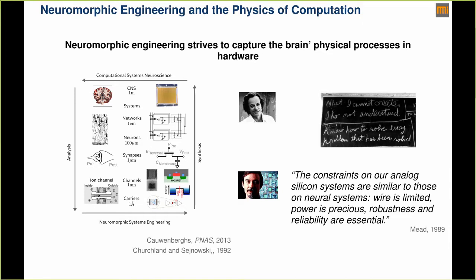So in some ways, we're trying to capture these concepts of neuroscience in our system to build systems that are lower power and that can function efficiently in terms of data and power.